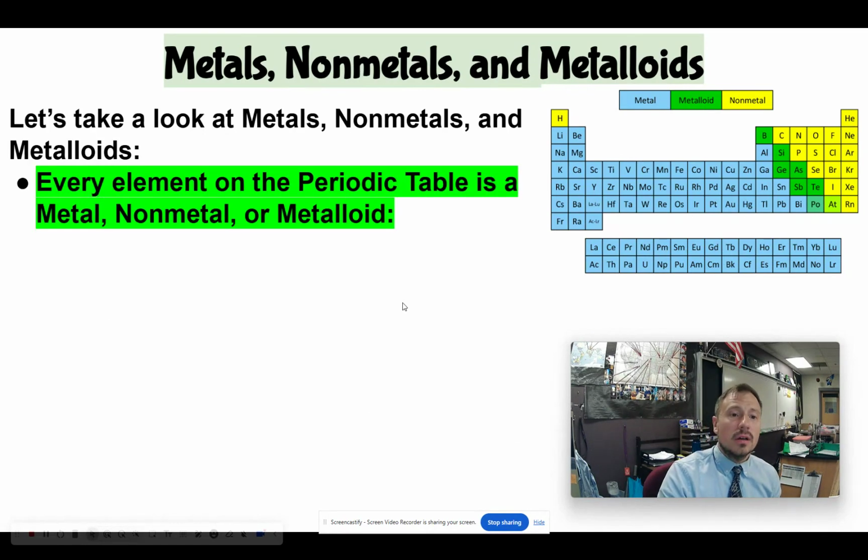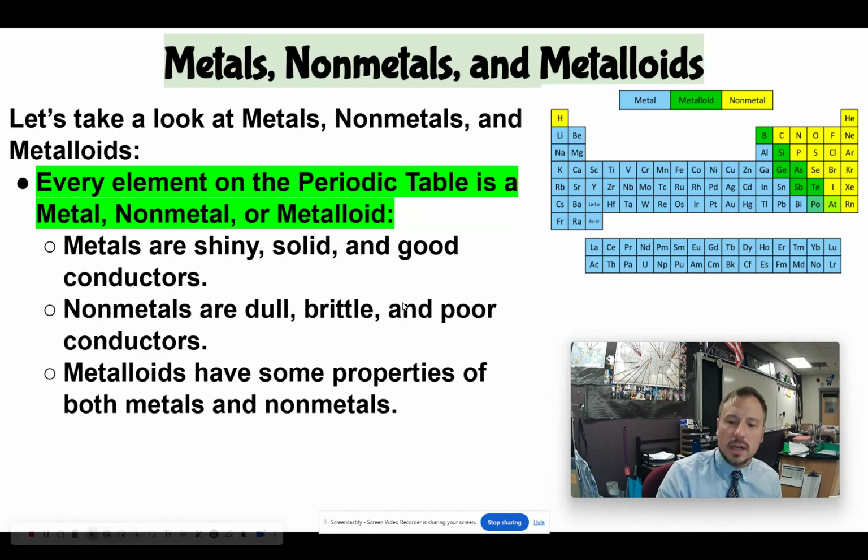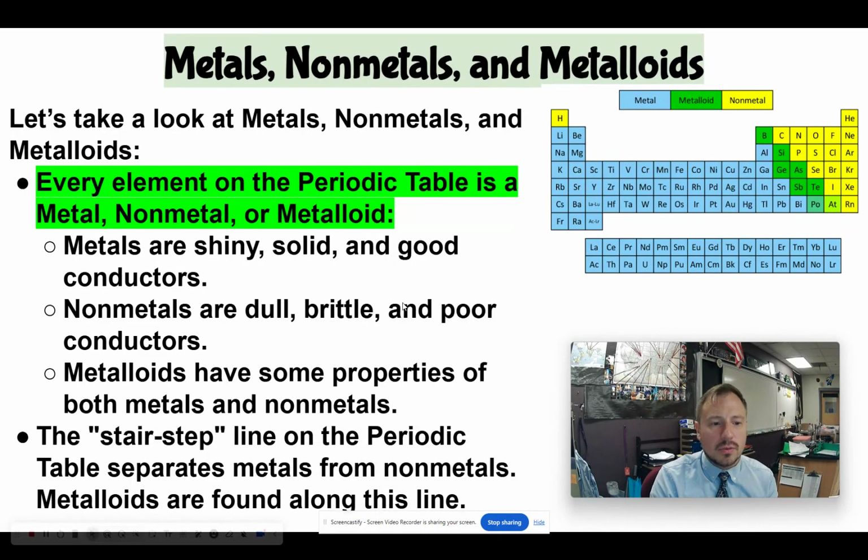All the elements on the periodic table are either a metal, a nonmetal, or a metalloid. Metals are shiny, solid, good conductors. Nonmetals are dull, brittle, poor conductors. And metalloids can have properties of each. You can see off to the right, this is the dividing line. There's something known as the staircase on the periodic table, and that's where the metalloids are found.